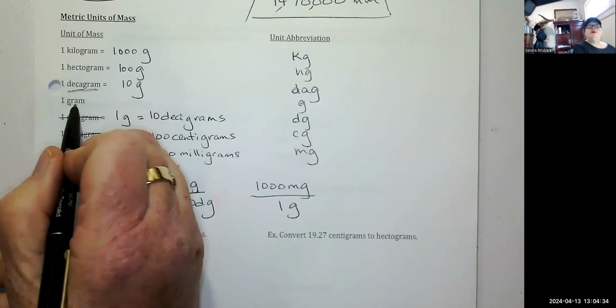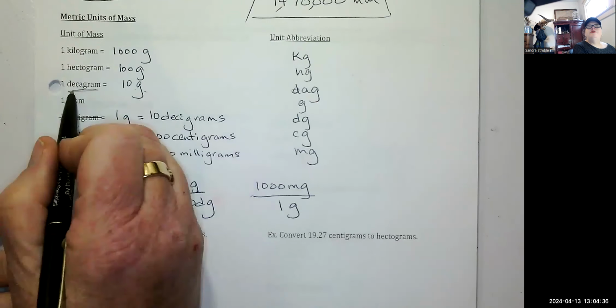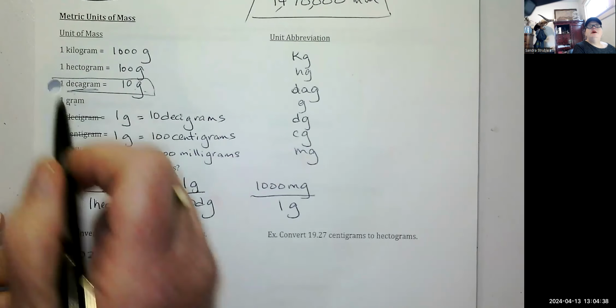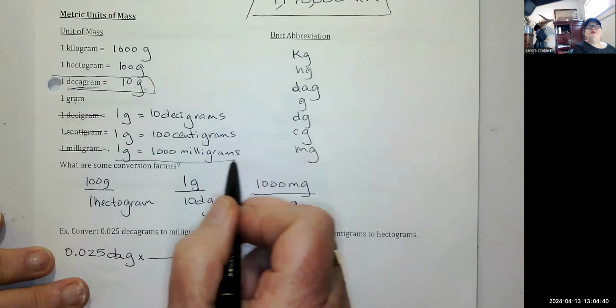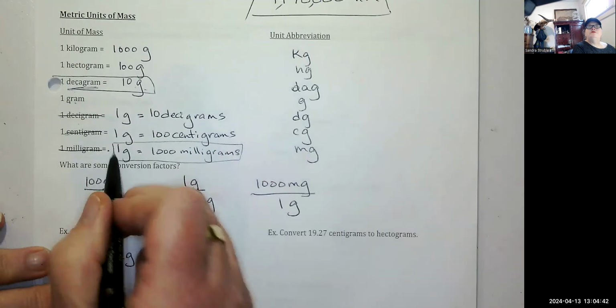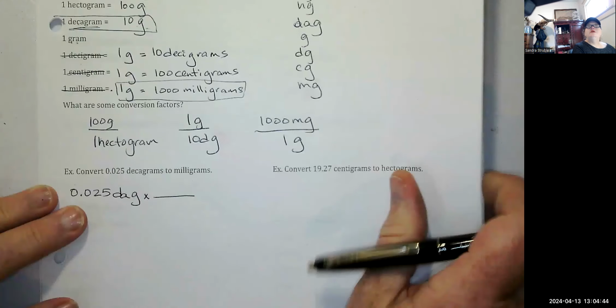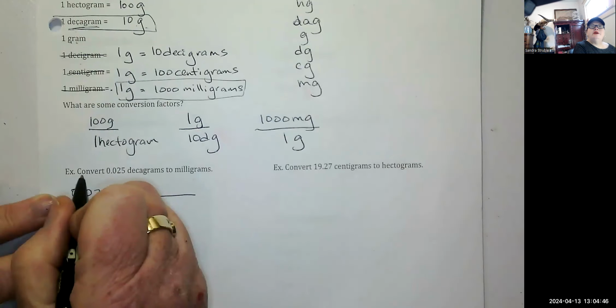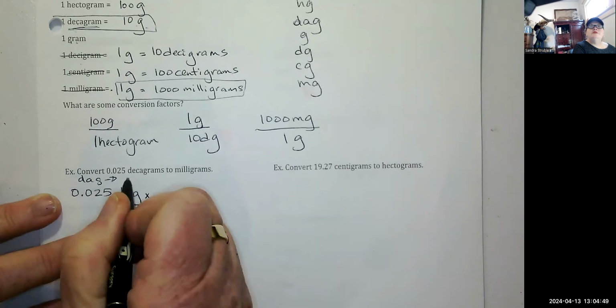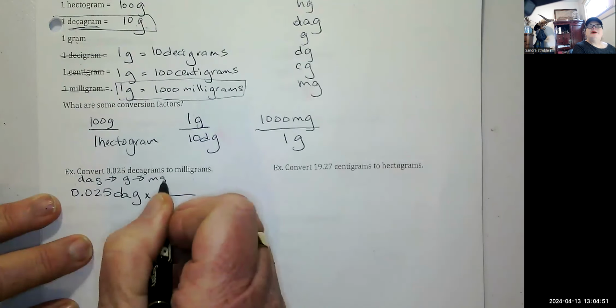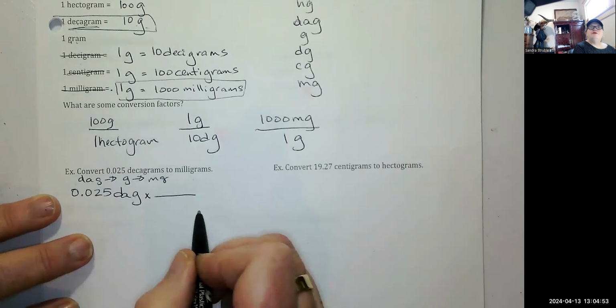So I can get from decagrams to grams, because I've got a conversion for that I'm going to use. And then I can get from grams to milligrams by using this conversion. And this is how I think through this. So I'm going to get from decagrams to grams to milligrams. That's my thought process as I'm going to work through this.